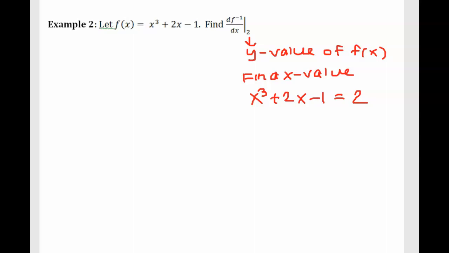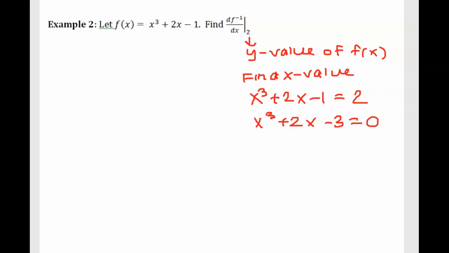So we know that to find intersections of any functions, we have to set the function equal to 0. So I get x cubed plus 2x minus 3. Unfortunately, this isn't a case where it's easy to factor because it's an x cubed. So now I need to know, where does this cubic equal 0?